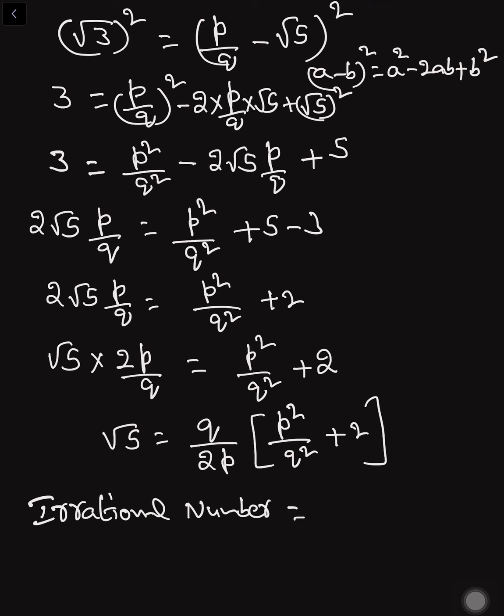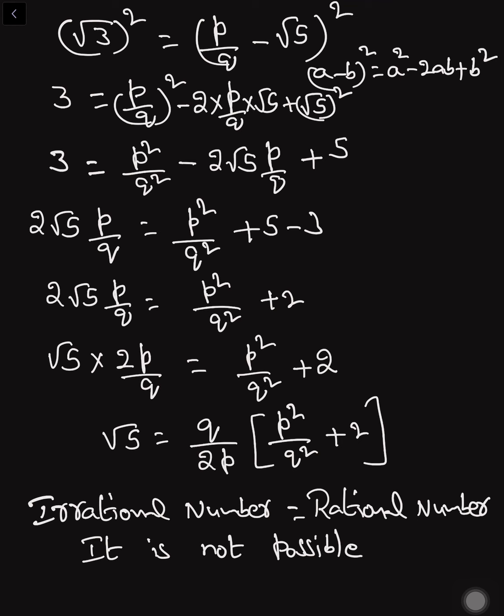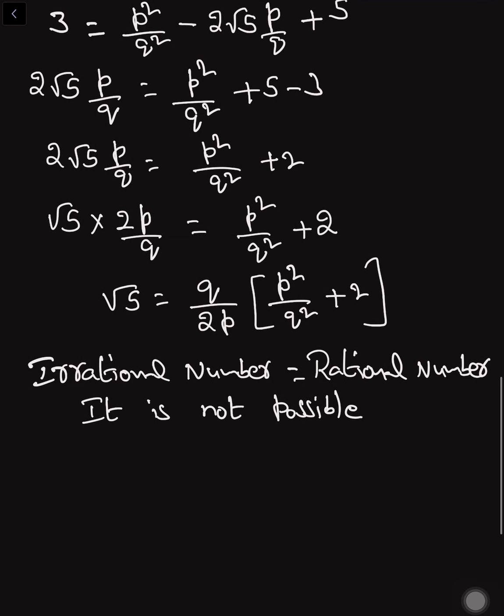It is a rational number because p, q and 2 are rational numbers. It is not possible.